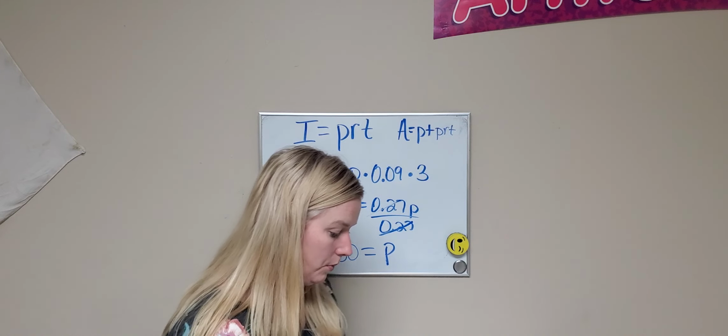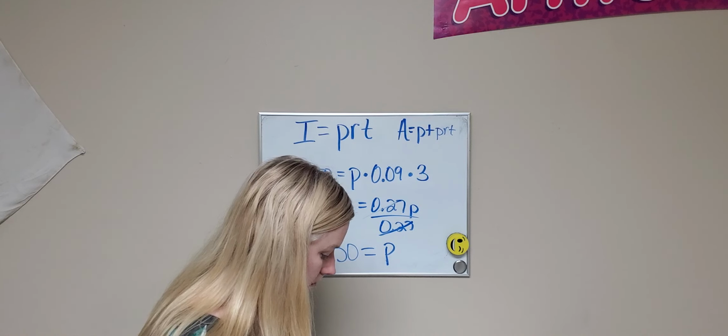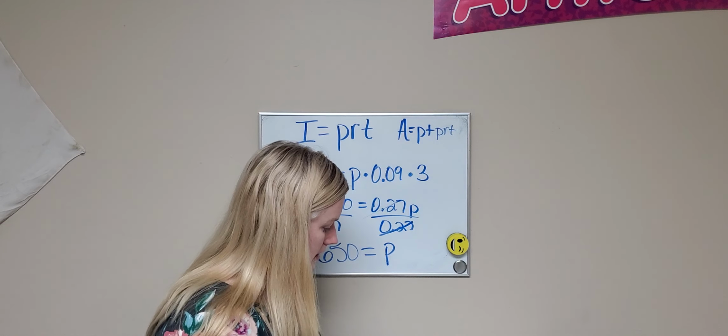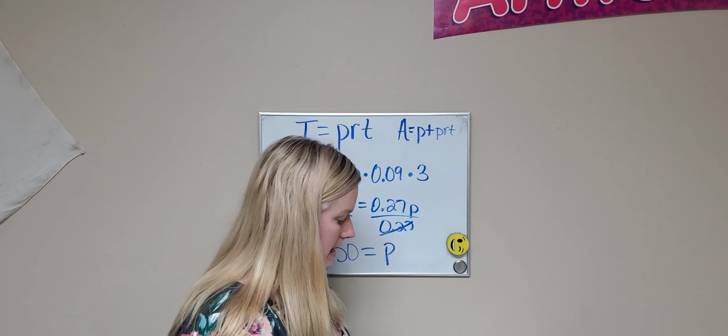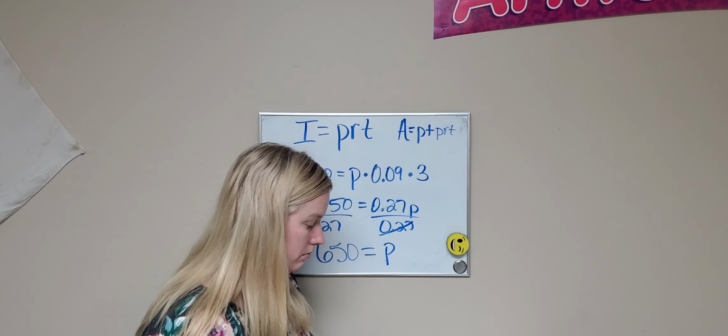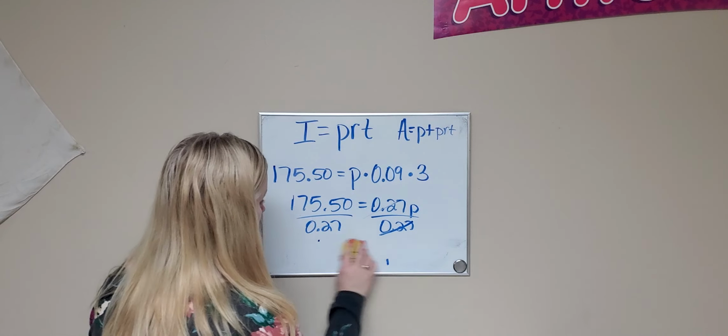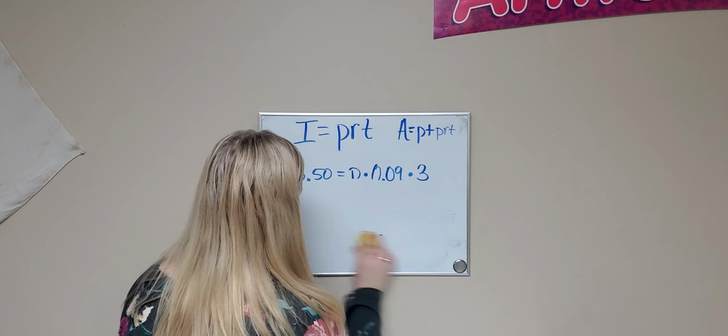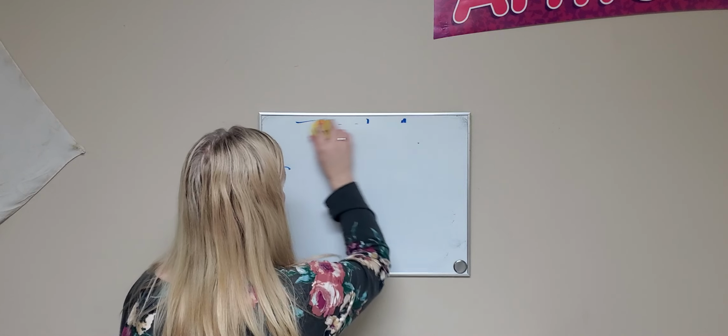All right, number 3 says, how much money did a farmer borrow? All right, so we're wanting to know how much he borrowed. Oops, I didn't mean to erase that. Too late, too far gone.